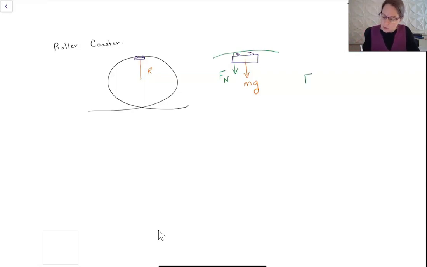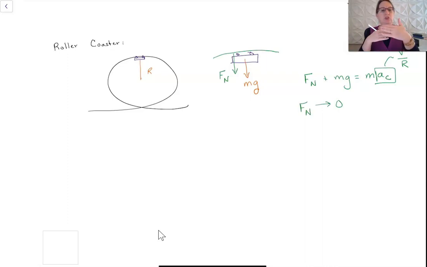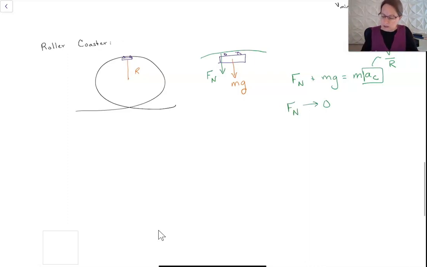And so again, we want force normal plus mg to equal this ma towards the center. And it's the same, in this case, v squared over r. And so we can do the same analysis that says force normal goes to 0. That means you're just barely in contact with the track.